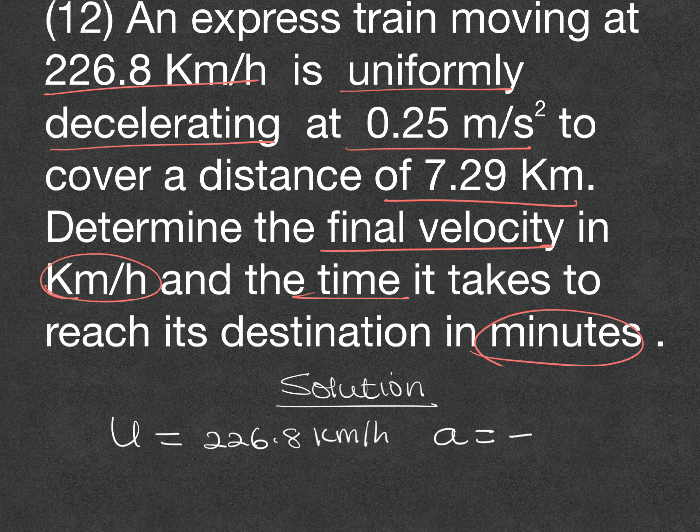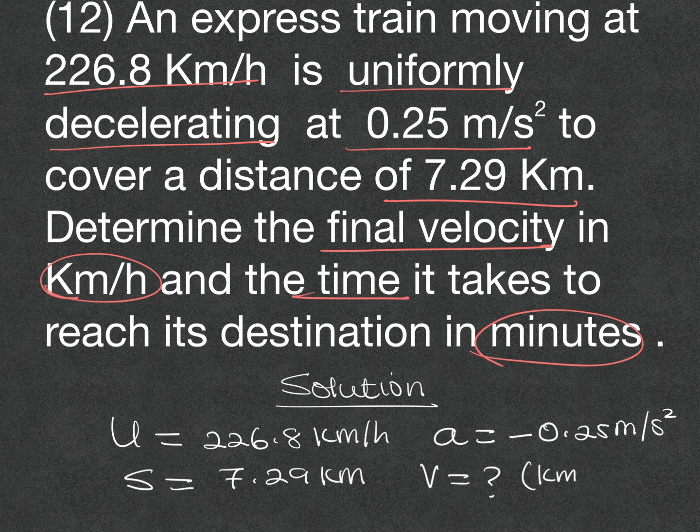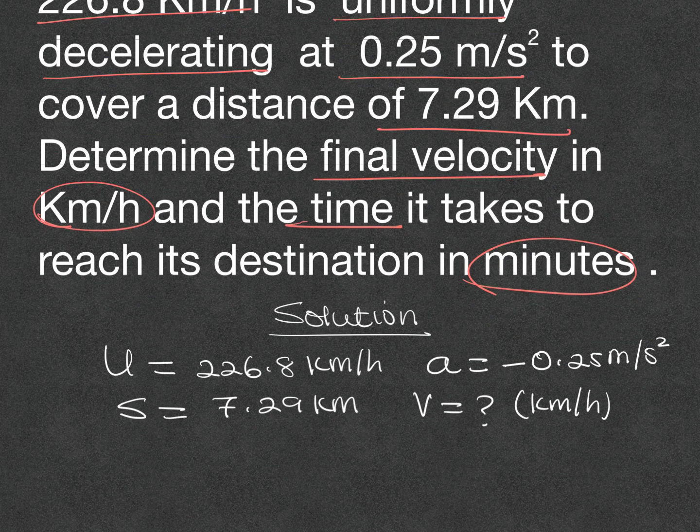So that will be negative 0.25 meters per second squared. And the distance is 7.29 kilometers. So the question asks us to find the final velocity in kilometers per hour and the time in minutes.